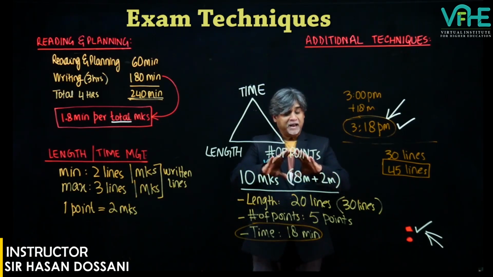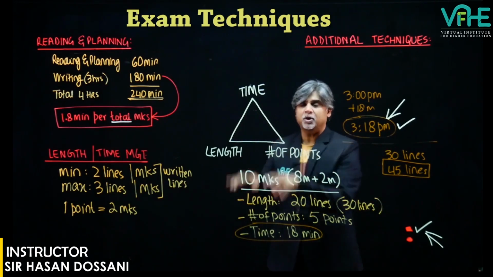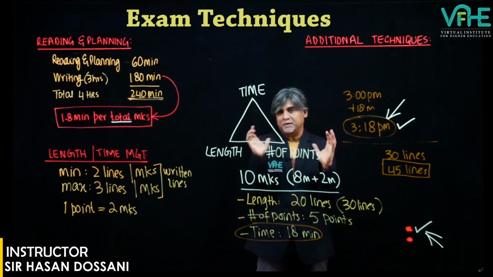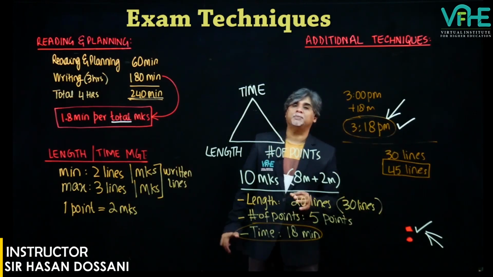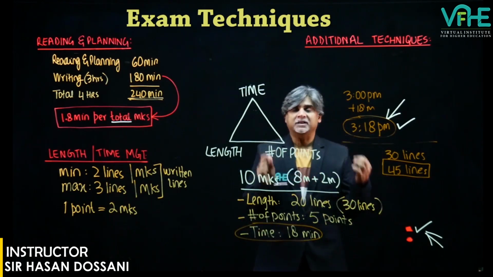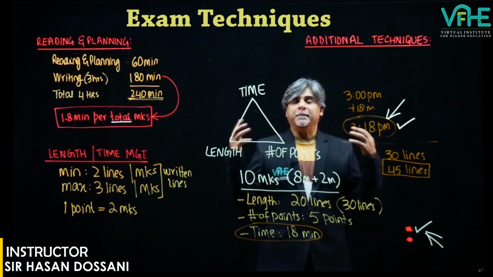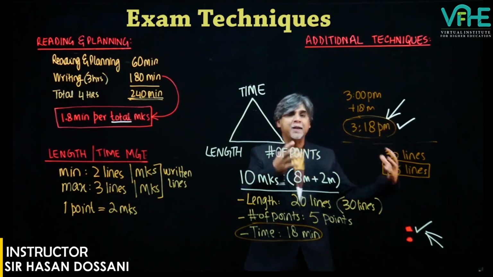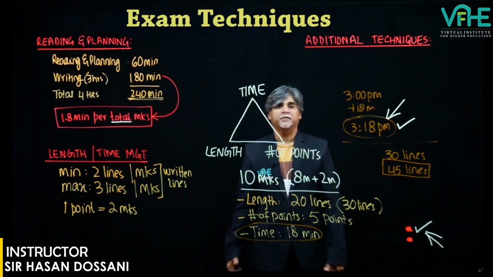So, none of their part was complete, because they followed and focused strictly on time management. They were able to complete the entire paper, which is very, very unlikely in SBL, and they all scored like 55, 56 marks, despite the fact that none of their answers were complete. But because they were able to attempt 100 marks, they were able to score 55.